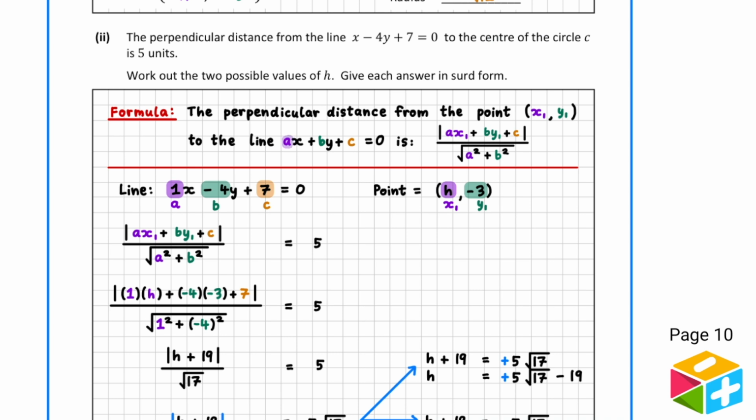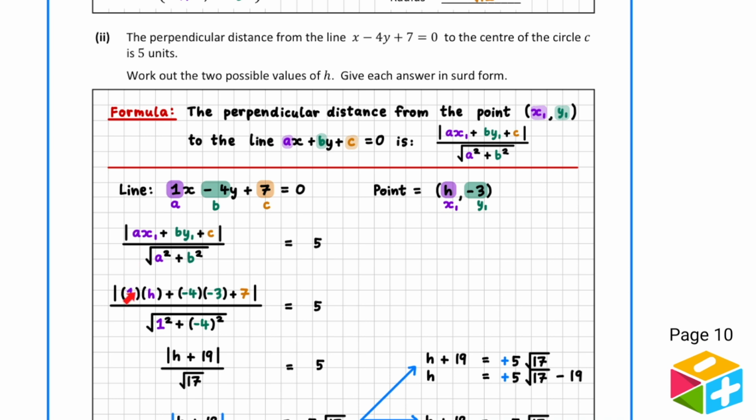In the formula, a refers to the number in front of the x, so here a is 1. b is the number in front of the y, so here b is minus 4. c is the constant term, so c is equal to 7. x1 and y1 refer to the coordinates of the point, so here x1 is h and y1 is minus 3.